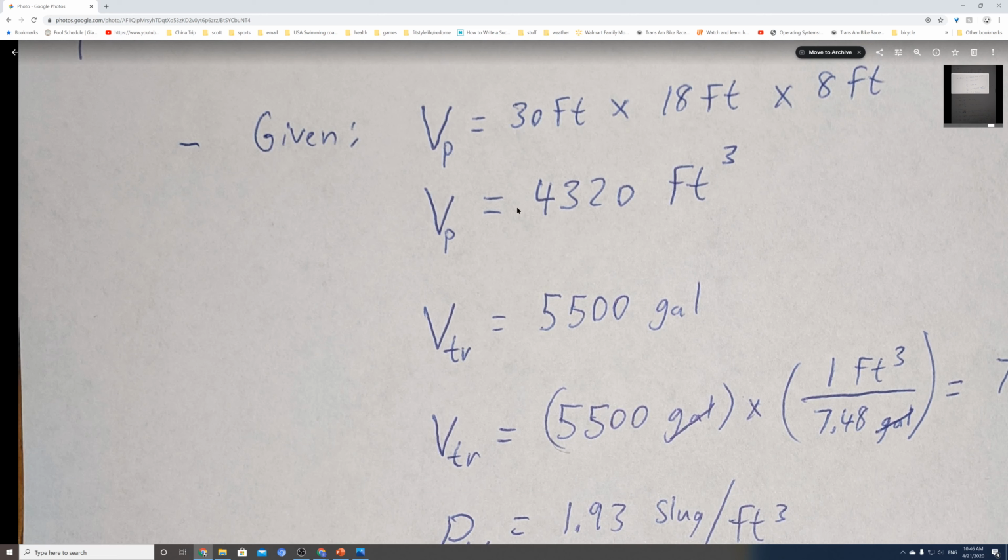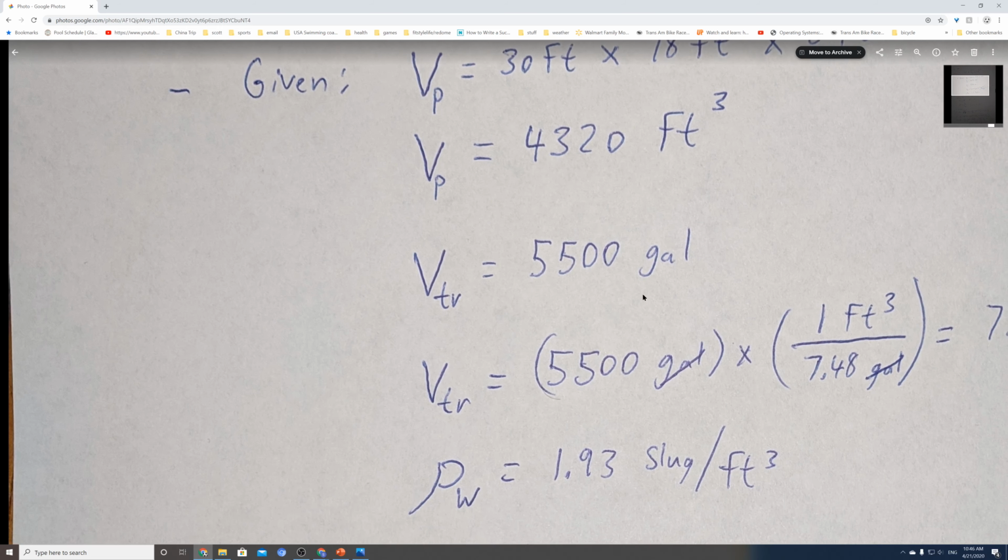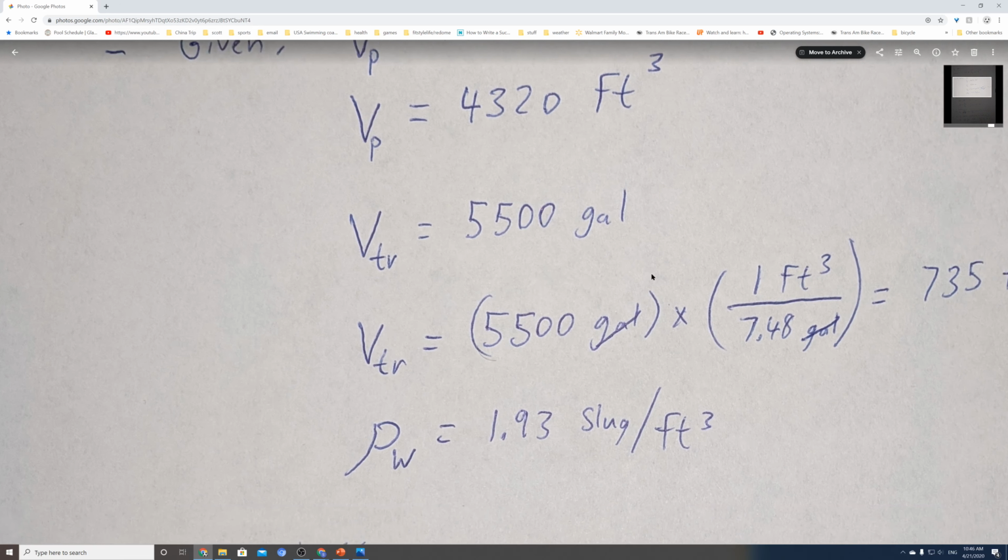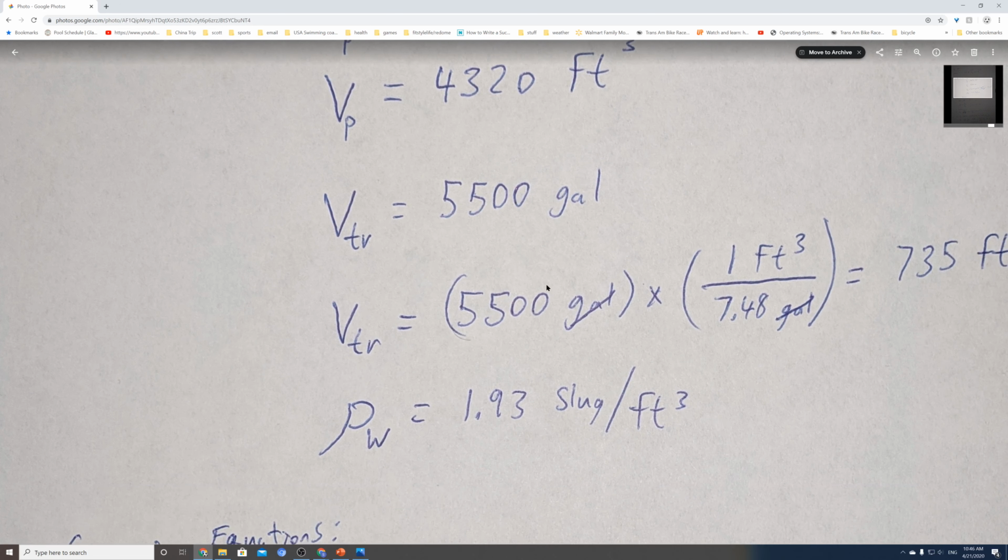When we go to figure the number of trips, we also need to have these two in the same units. The units I chose, which was more convenient, was feet cubed. So I took the volume in gallons and used the conversion factor of 1 cubic foot equals 7.48 gallons.